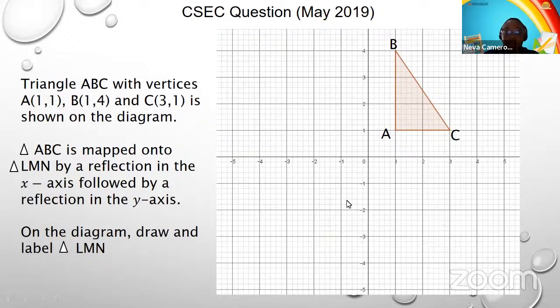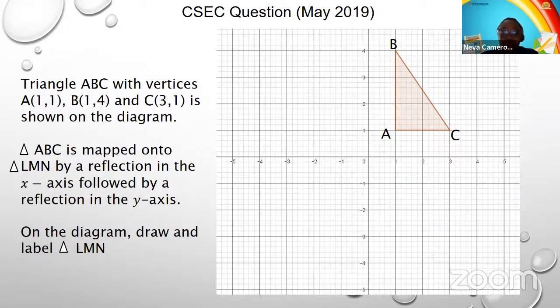All right, let me know if you have drawn the triangle ABC. Giving you a few minutes to do this. Yes. Awesome. Great. You already did it. All right. So my question, just before we actually get to the drawing, think about it. If we're doing a reflection in the X-axis, where do you think our image will lie?